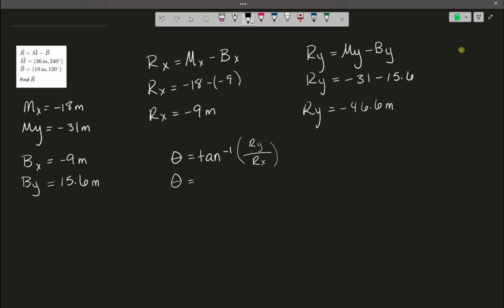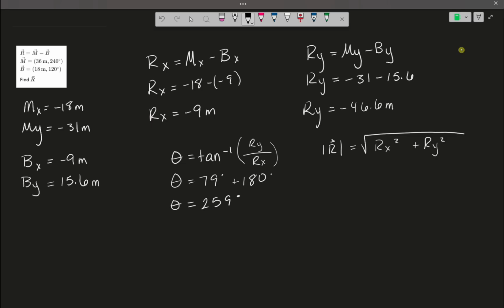So theta is going to be negative 79 degrees, but because these are both negative, I need to add 180 degrees to it. So it will be 259 degrees.